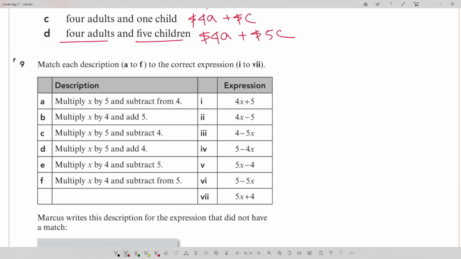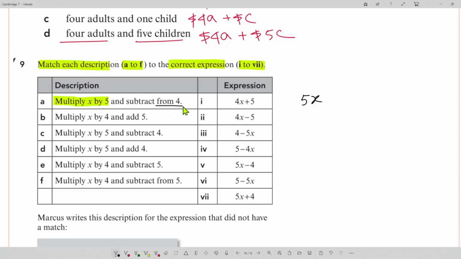Number 9, this is very important. Match each description A to F to the correct expression 1 to 7. First, A: multiply x by 5, so it will be 5x, and subtract from 4.